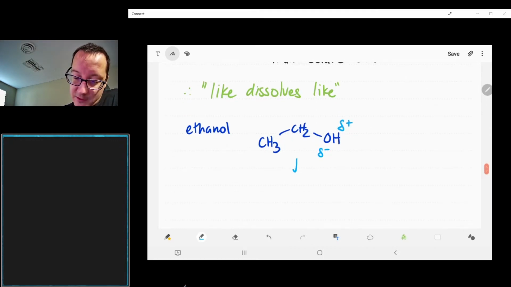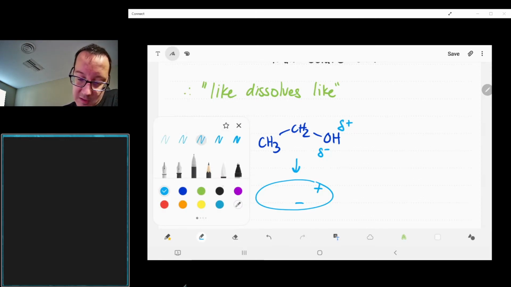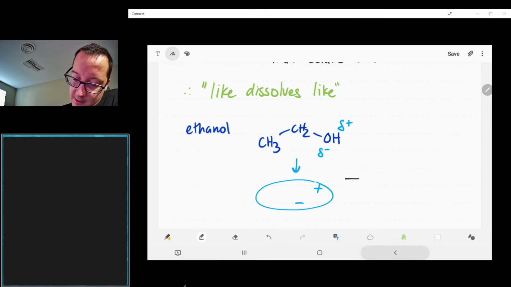So if we kind of just make this into a blob instead, that blob has kind of a positive side and a negative side, and then kind of a neutral side there. But what can happen with this, just like before, is that water molecules can come in.